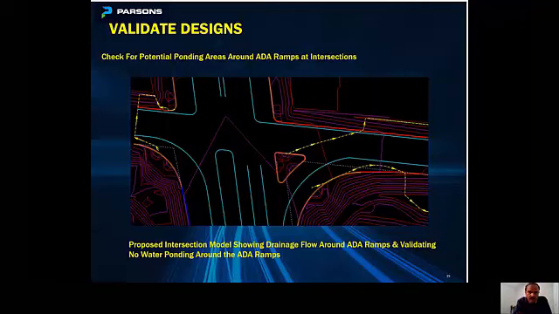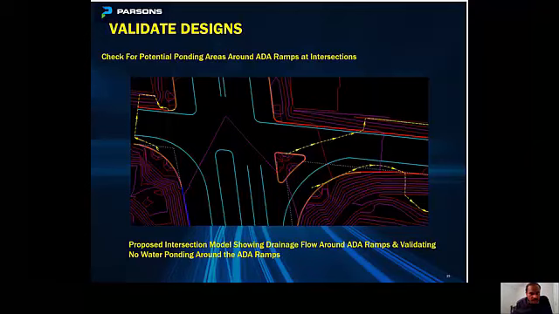So oftentimes the designers might not check for flat spots and ponding areas occurring around the ADA ramps. We need to set these ADA ramps in a flat spot, and we also have to be cognizant that there would not be any low spot created in those areas.